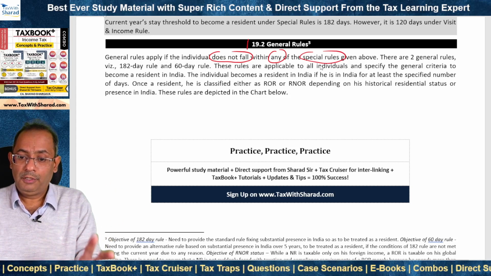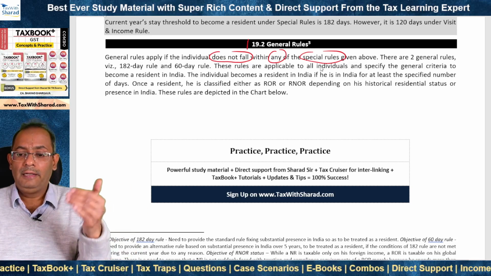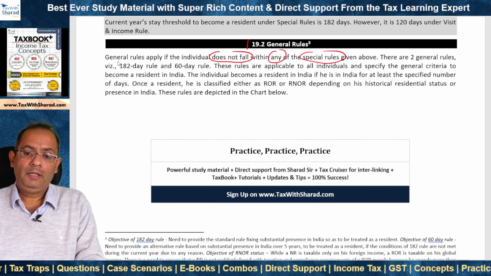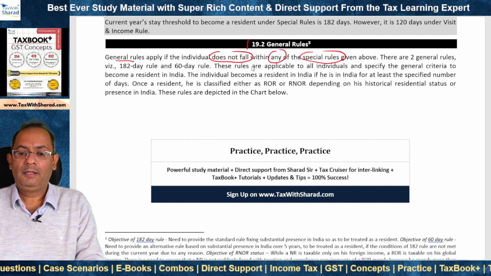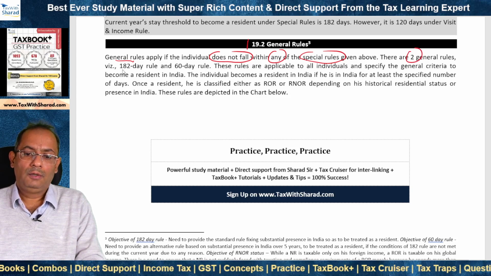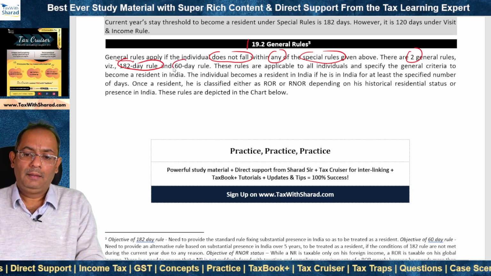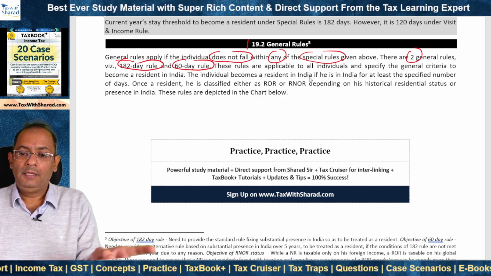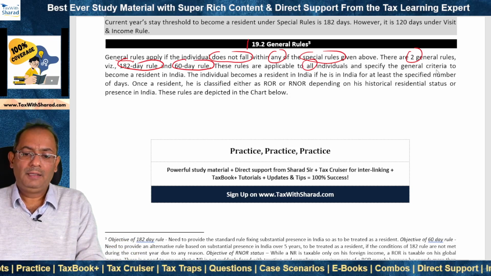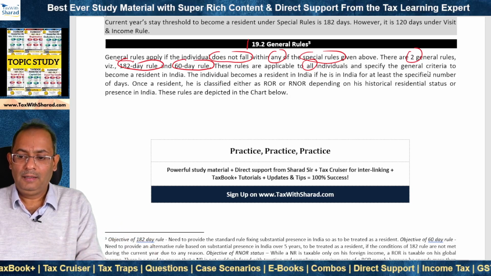First, we need to check the special rules, and if the individual doesn't fall under any of the special rules, then we need to move on and check whether the individual falls under a general rule. There are 2 general rules, the 182-day rule and the 60-day rule. And these rules are applicable to all individuals and specify the general criteria to become a resident in India.